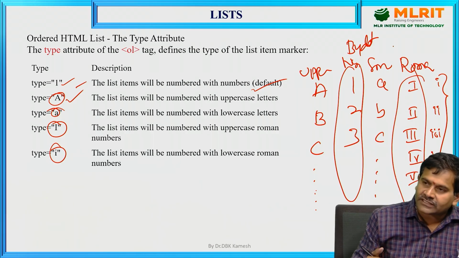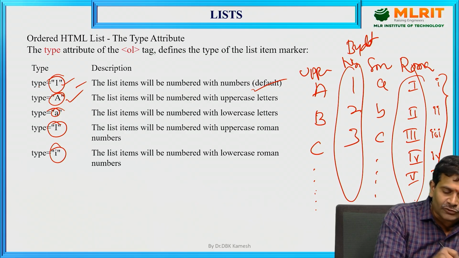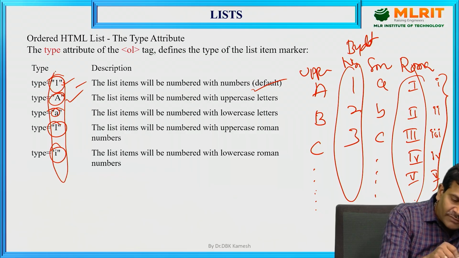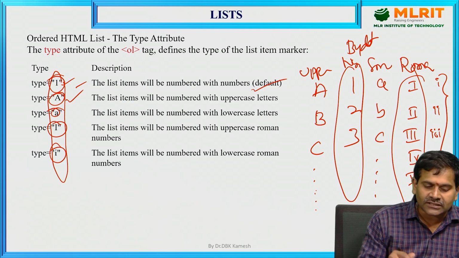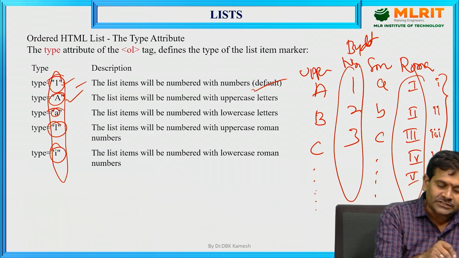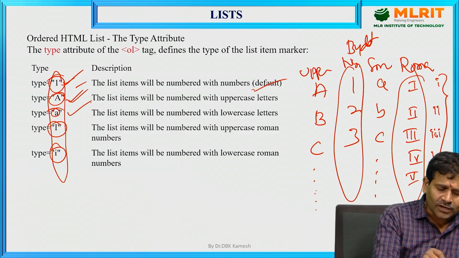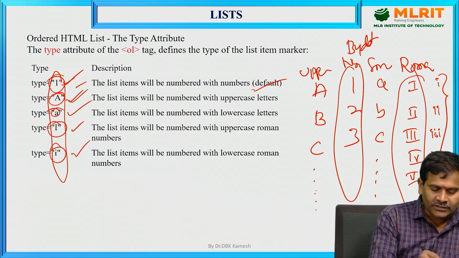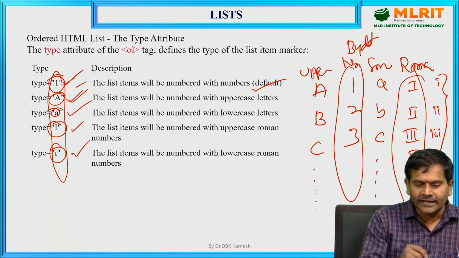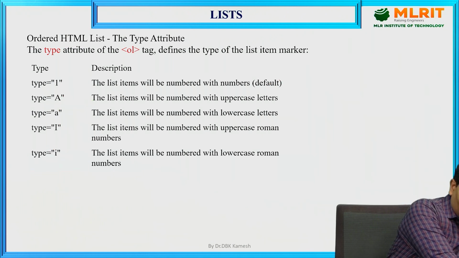So these are the type values, and whatever you mention will automatically be reflected in your document. So the type attribute values are: the default one, capital A, small a, uppercase Roman, and lowercase Roman. These are the list type attributes.